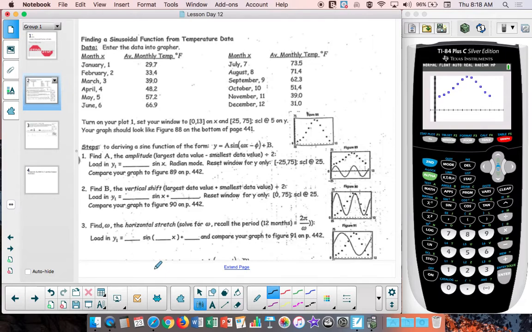The temperature within the year is cyclical, winter to summer, summer to winter. It gets hot and cold predictably, so you know that it's going up and down like a sine function. And then we can fit a graph to this because of that. If we didn't know, then you might not do this process, but since we do know how years work in general, we can do it this way.